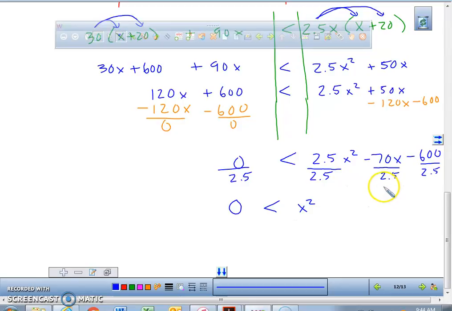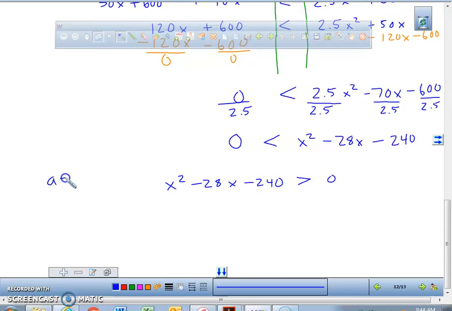What's 70 divided by 2.5? 28. So minus 28x. And what's 600 divided by 2.5? 240. So here we have x squared minus 28x minus 240 is greater than 0.